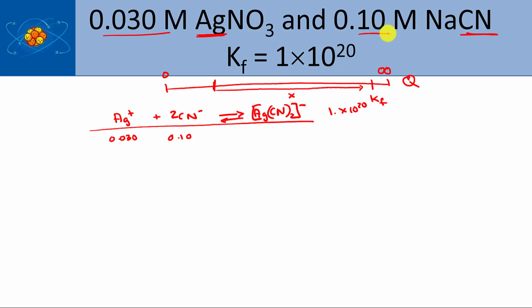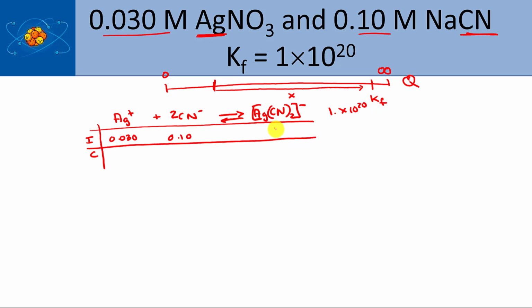Again, if you're given volumes and molarities, you would have calculated millimoles, because it's often easier at that point to work with millimoles rather than calculating the diluted concentrations. So this is my initial and my change.